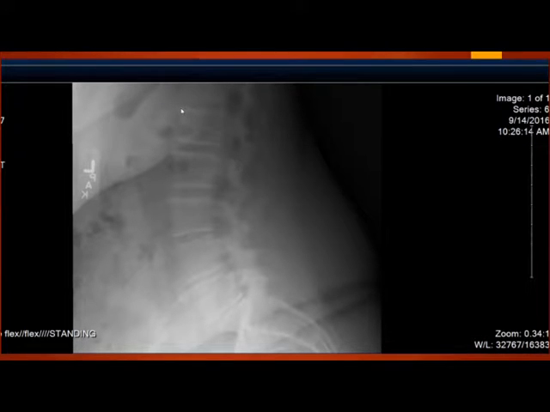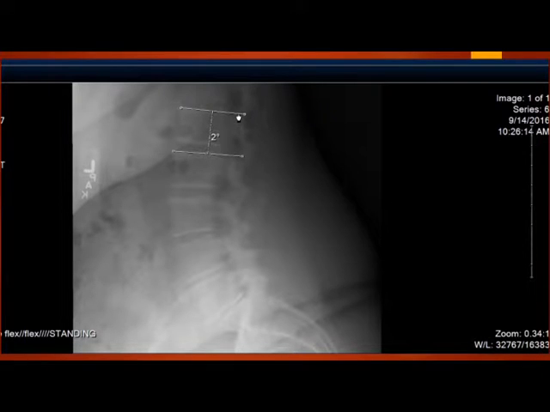And we're going to draw a line across the superior end plate of L1 and a line across the superior end plate of L2. And we measure the angle.